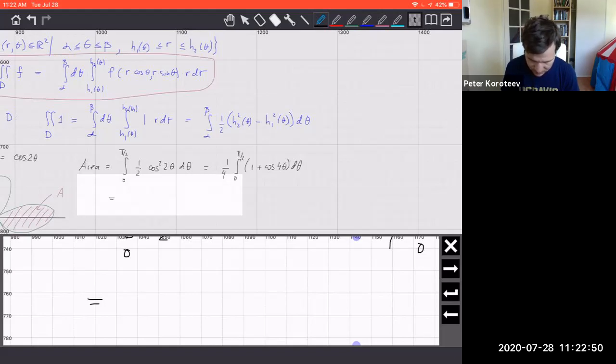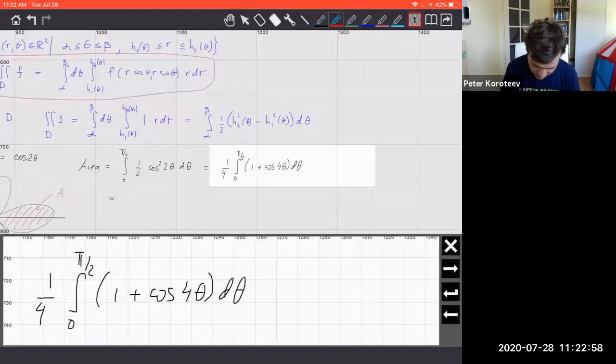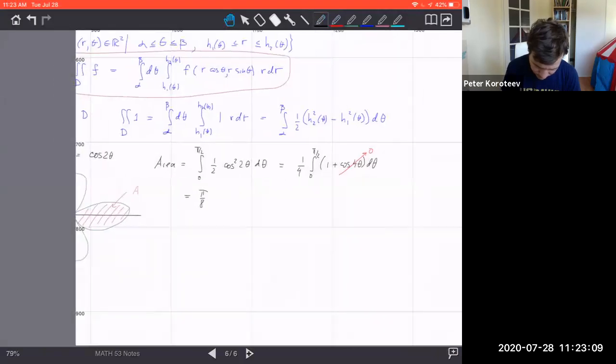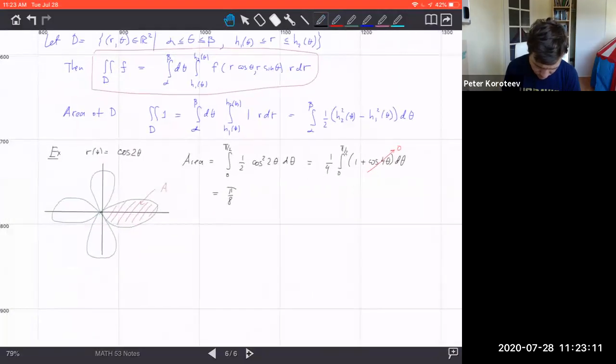The period of cosine 4 theta is exactly pi over 2, so the integral of that term will disappear, and the answer will be equal to pi over 8. So pi over 8 for one blade, and then times 4 for everything, which gives pi over 2.